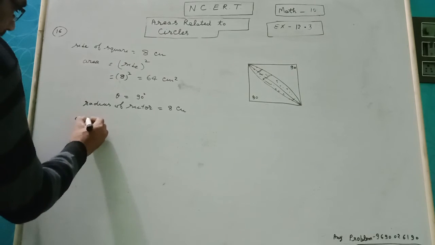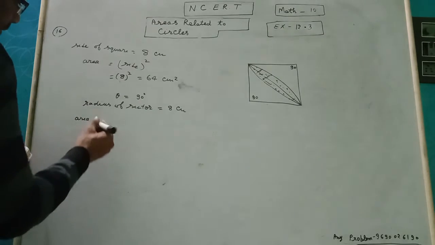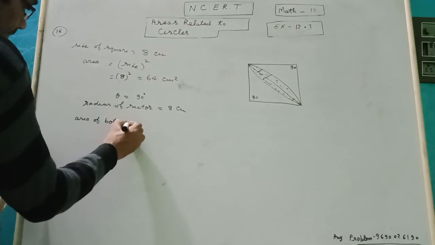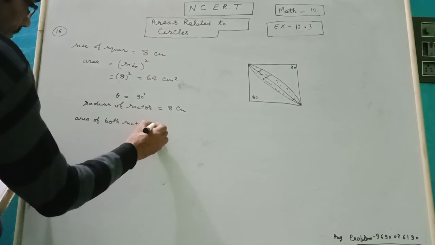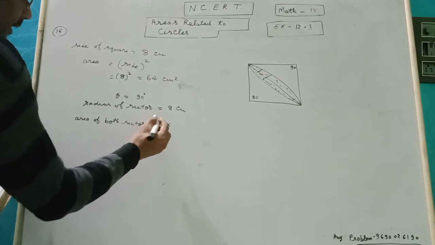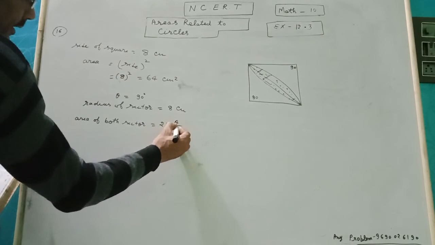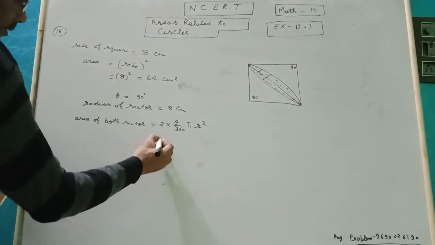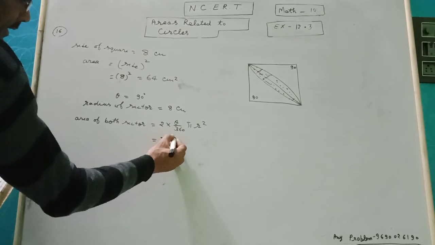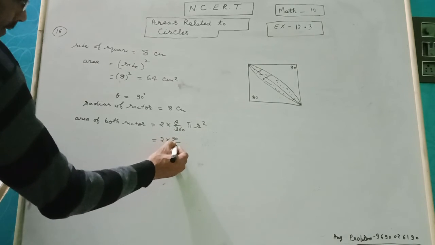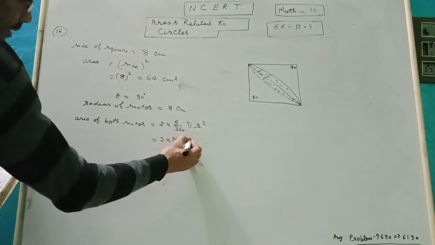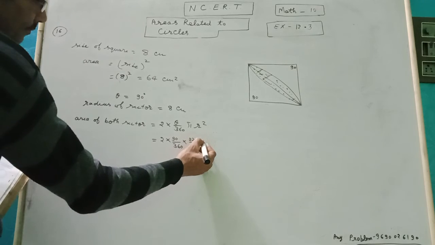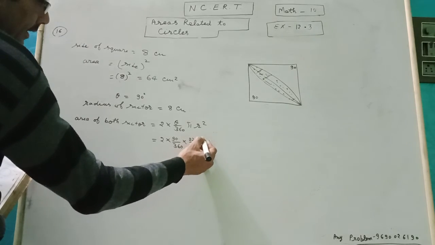Area of both sectors, since both are equal, is 2 into theta upon 360 pi r square, which is the formula. 2 into theta value 90 upon 360, pi value is 22 upon 7, and r value is 8.